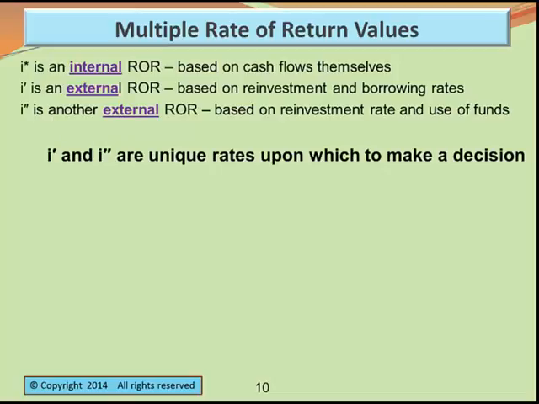However, there may be multiple of these i* values in some series. The two external rates, i' and i'', are based on reinvestment and borrowing rates external to the project's cash flows. The i' and i'' rates are unique rates that can be used for a reliable economic decision, provided the external rate estimates themselves are reliable.